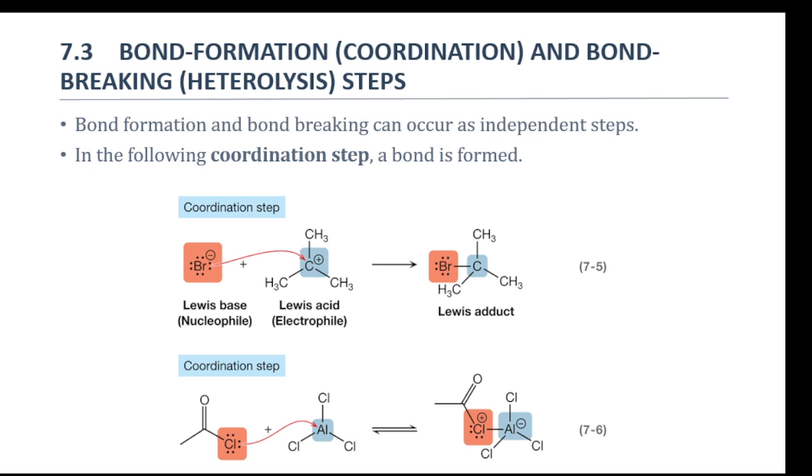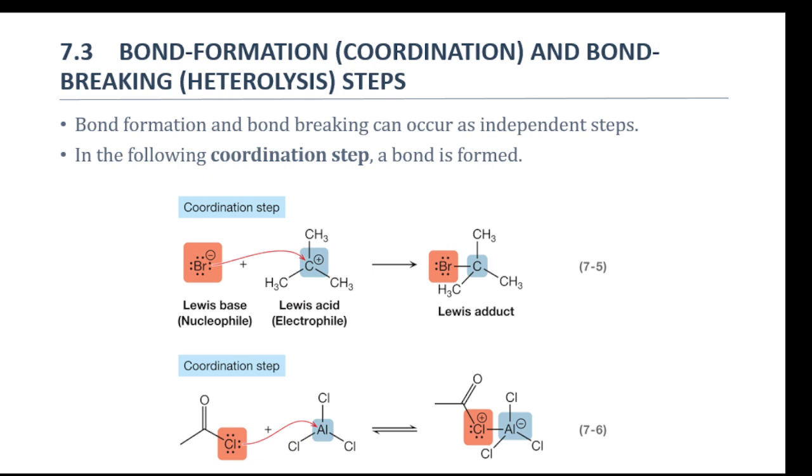Okay, so this is the bond formation or coordination and bond breaking or heterolysis. First off, note the naming of that. So coordination is going to be where we take 2 electrons from one thing and we form a bond using those 2 electrons from one thing. Okay, it's a bit different than normal bond formation, right?